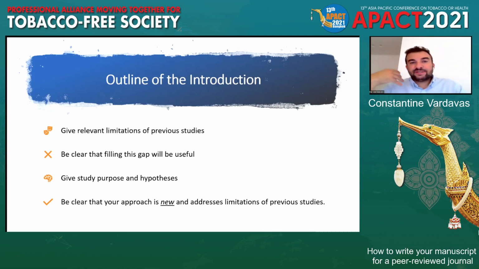Now the study purpose is, for instance, the aim of our study is to assess to what extent families in Thailand are exposed to secondhand smoke from the parents. For instance, how children are exposed to smoke from their parents. So that's the study purpose. And the hypothesis would be, our hypothesis is that the younger children, for instance, are more exposed, or girls are more exposed than boys, things like that.